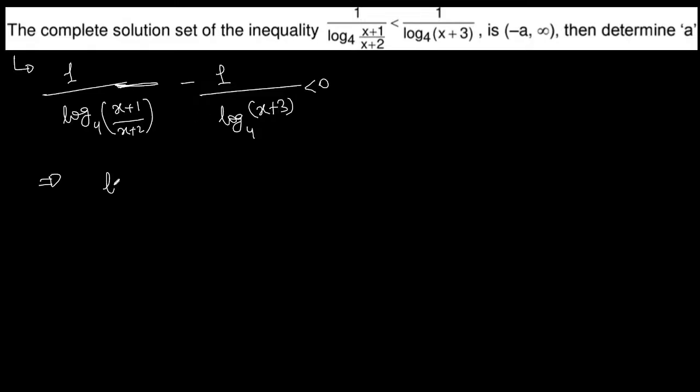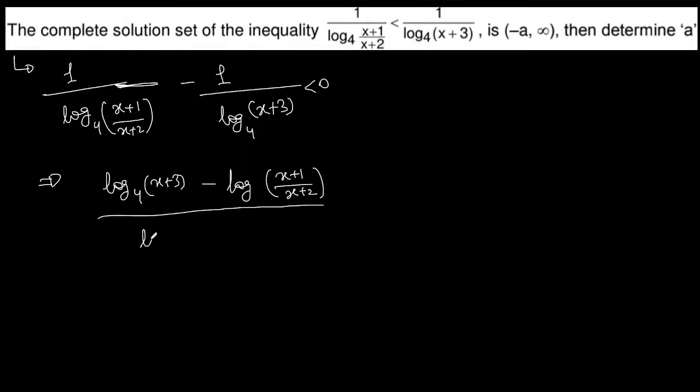Take LCM. Log 4 x plus 3 minus log x plus 1 base x plus 2, log x plus 1 x plus 2 base 4, log x plus 3 base 4 is less than 0.